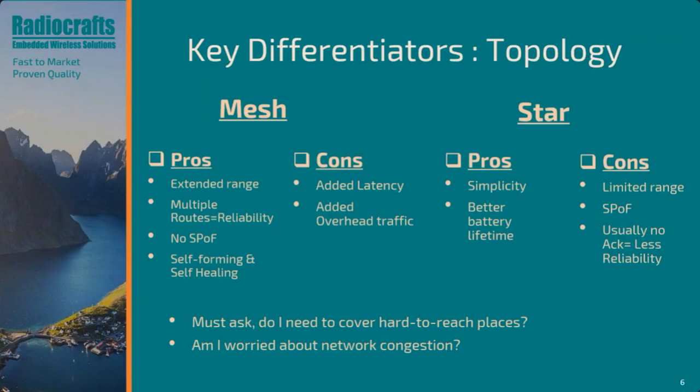And this kind of star formation has a very critical issue, which is that it has a single point of failure, which is the gateway. While in a mesh topology, if a mesh router fails, the topology will always reorganize itself and heal itself to find a new path.